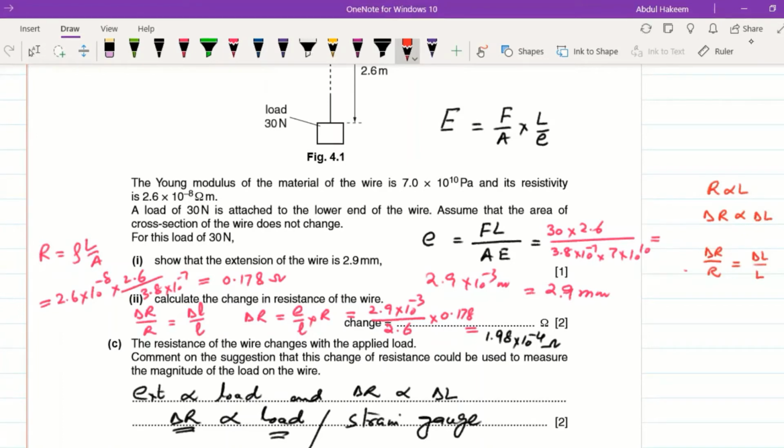So both are equal to the strain. Hence the change of resistance is equal to change of length divided by length, multiplied by resistance. Now use this formula. Change in length is 2.9 into 10 power minus 3 divided by original length 2.6 and multiply by the resistance is given here.